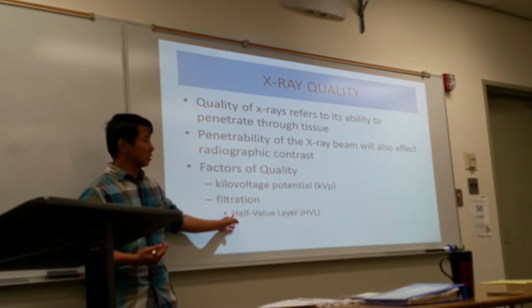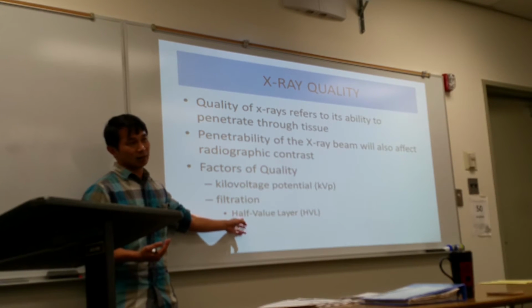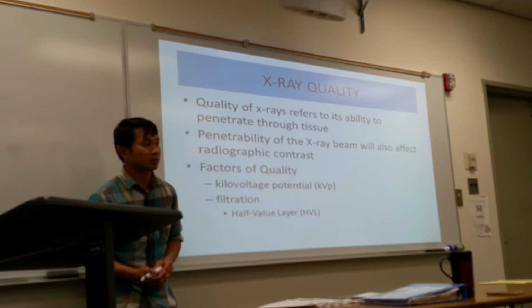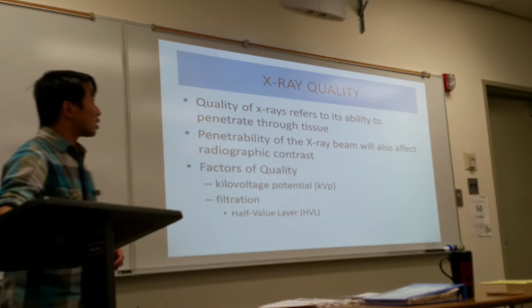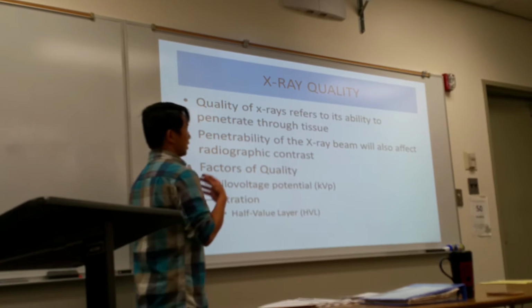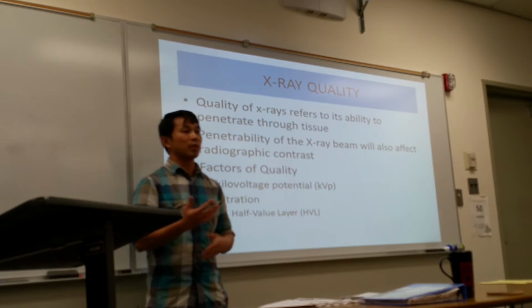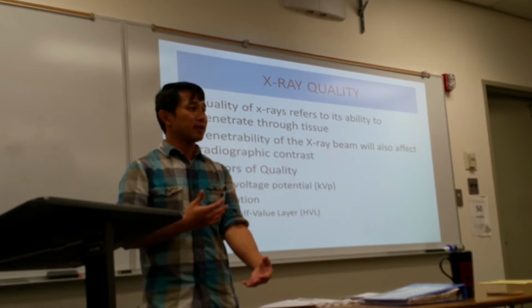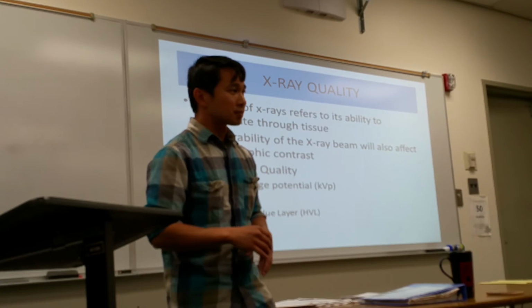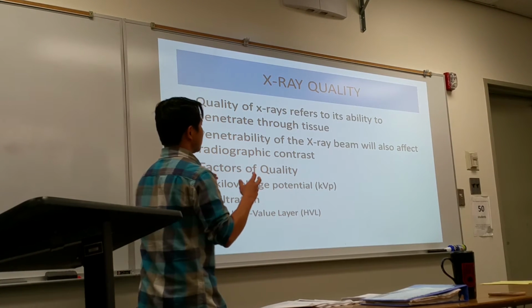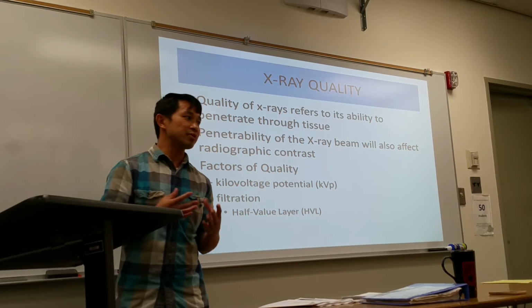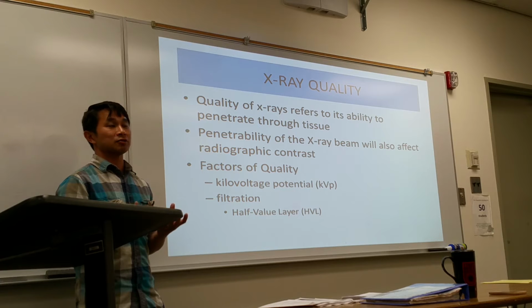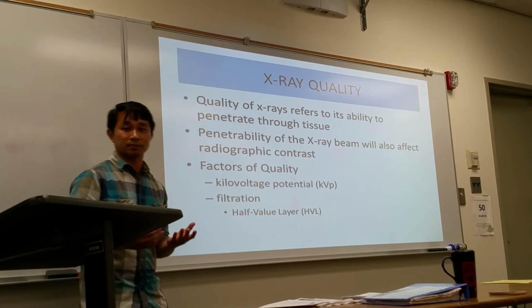Related to filtration is the half-value layer, HVL. We're going to talk about this in a bit. The quality of the beam is its strength. When it interacts with the X-ray film, the beam produces radiographic contrast. And so kV pretty much controls radiographic contrast of the X-ray images.